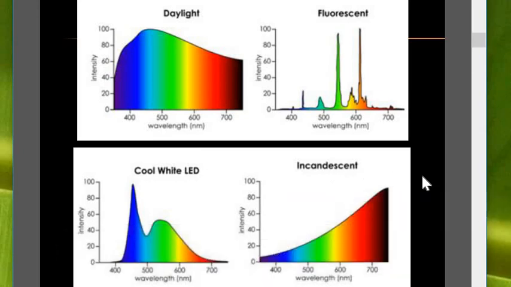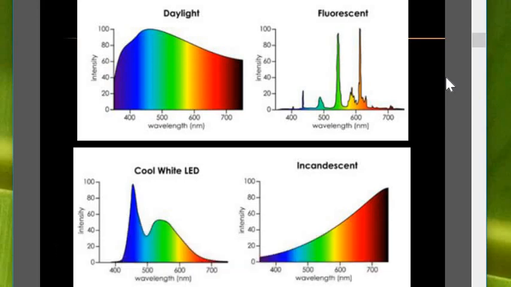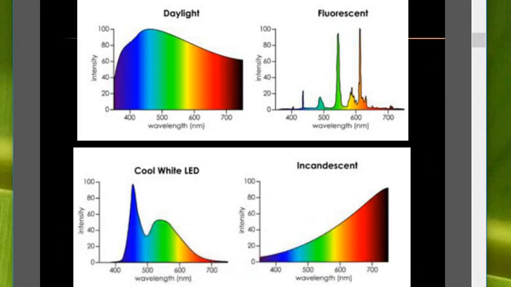Interestingly, all have very different spectral responses. They are not the same, they are very different. Now this is what we are interested in, daylight or the solar spectrum. So how does it look?